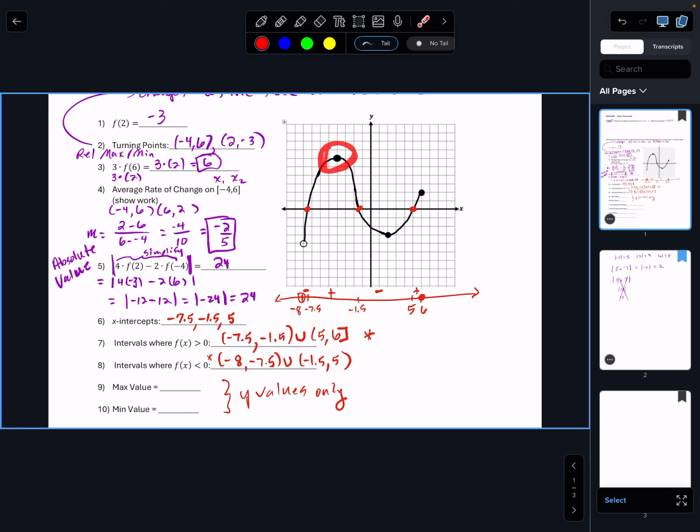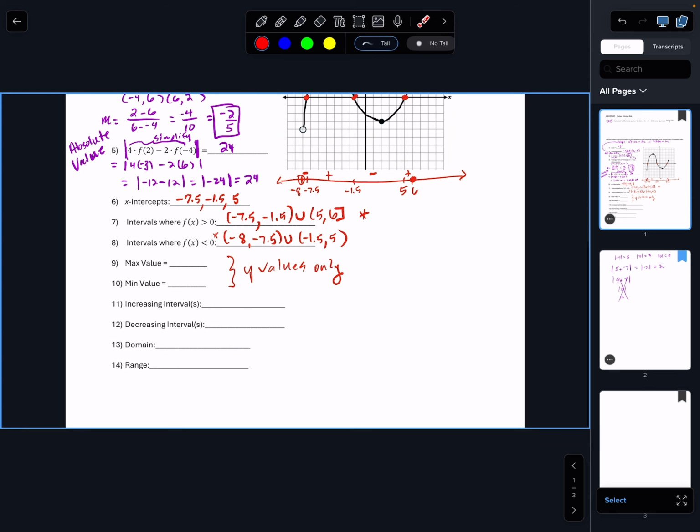There's no other higher point anywhere on the graph. So there is a max value, and its value is 6. Okay, I will accept max value 6 when x equals -4. I'm okay with that. But if you write the ordered pair -4, 6, I'm counting it wrong.